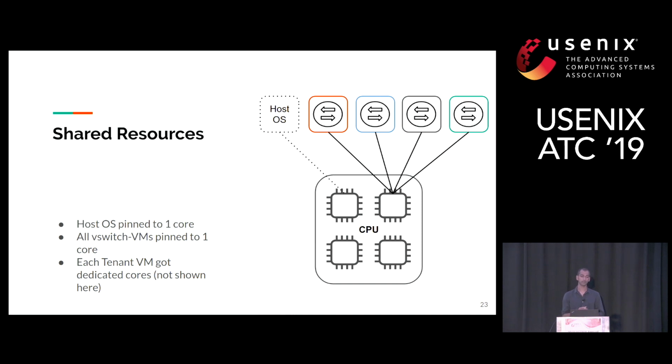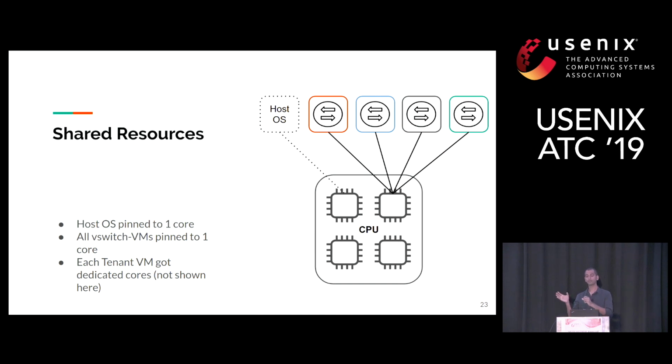In particular, we had a couple of ways of doing this, and we'd like to emphasize the shared resource mode, where we have the host OS pinned to a single core. In the case of running the baseline, we had OVS running in the host, pinned to a physical core. Then we had our system, MTS, with one or more vSwitch VMs.